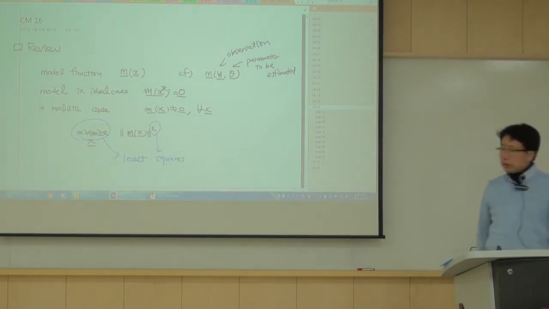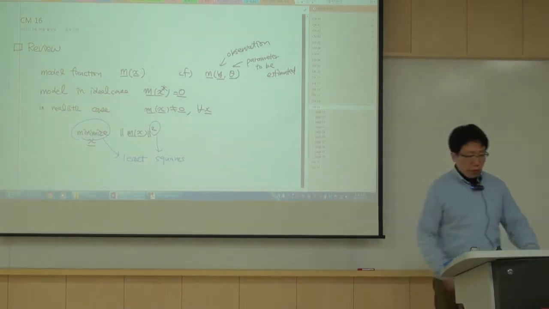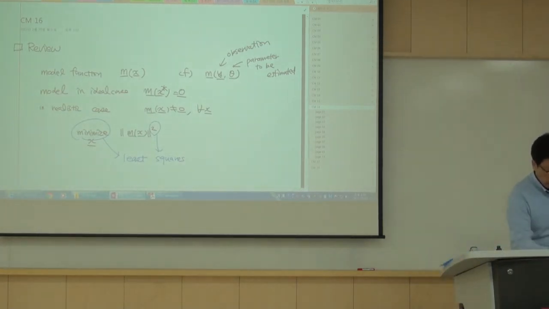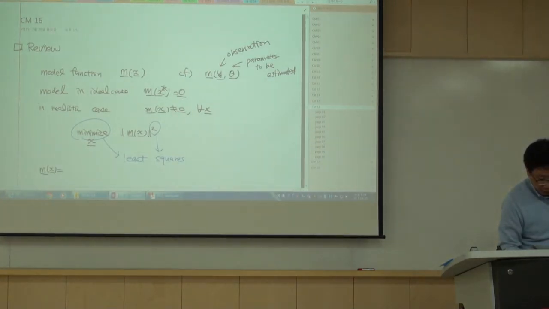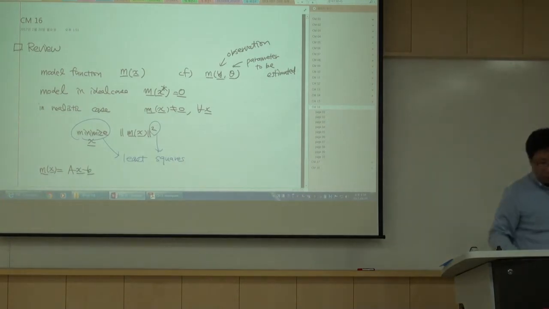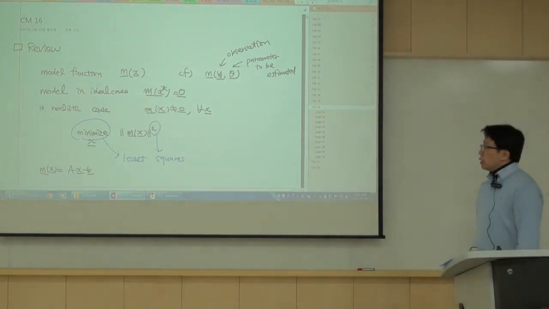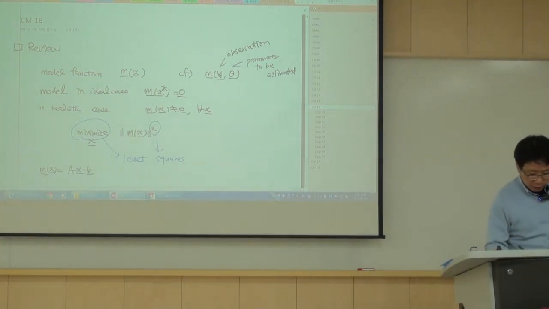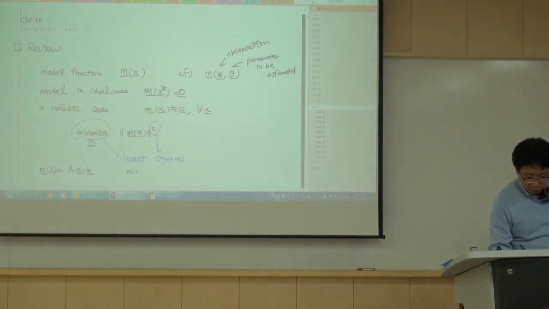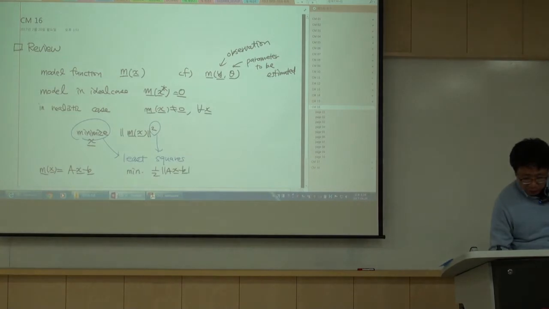So least squares. Especially when m of x can be put in this form, Ax minus b, then we call the problem of minimizing 1/2 norm of Ax minus b squared the linear least squares problem.